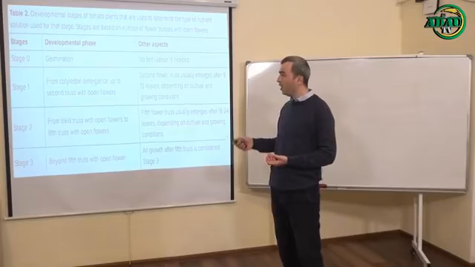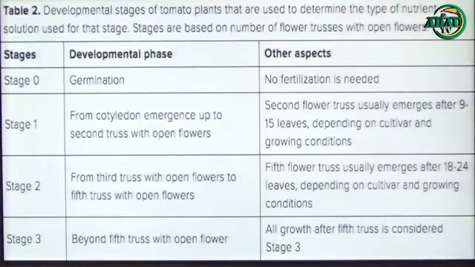On stage 1, everything starts, from cotyledons up to the first 2 open flower trusses, on a plant that has from 9 to 15 leaves at that stage.